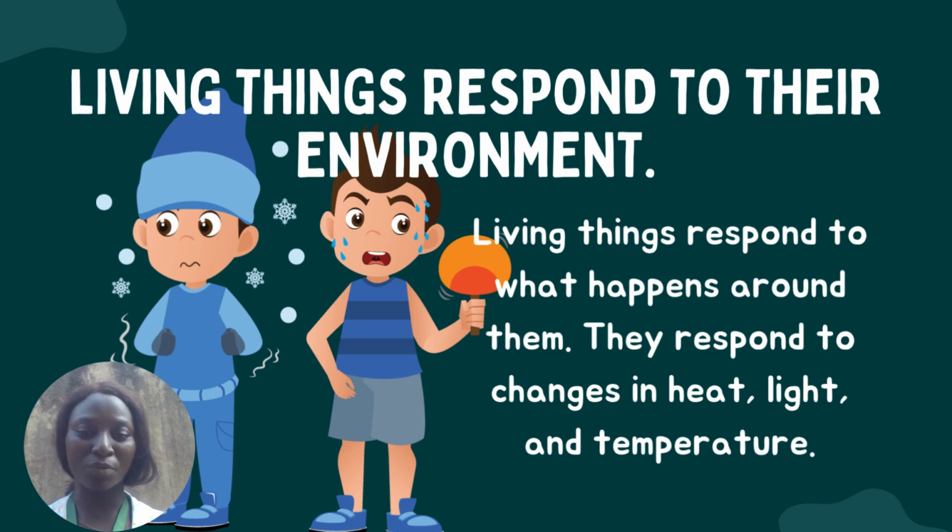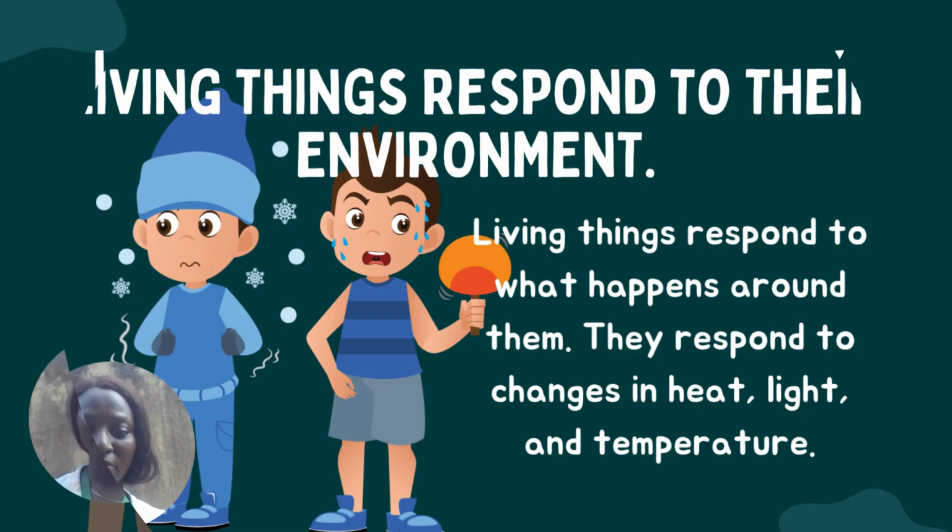Take for example, when you touch something hot, because you are a living thing, you are able to respond quickly by dropping it because you know that it is hot. So, living things respond to changes in heat, light, and temperature. Also, plants respond to their environment by going towards the direction of the sun.